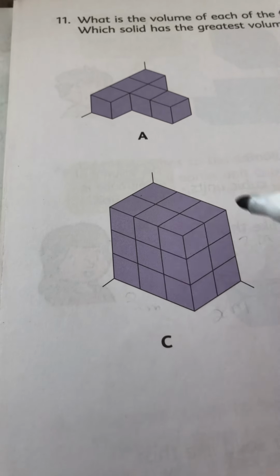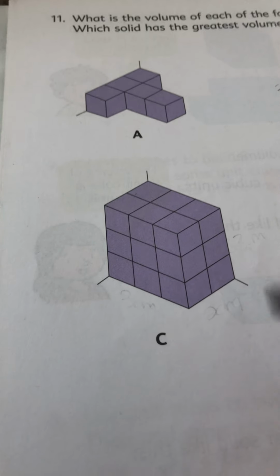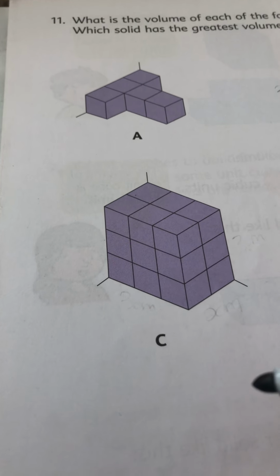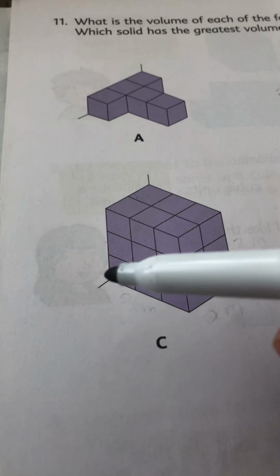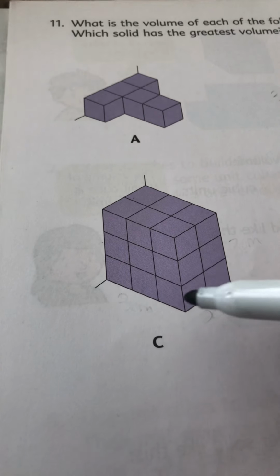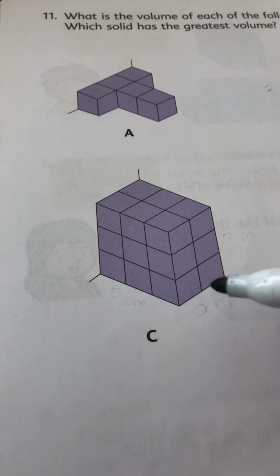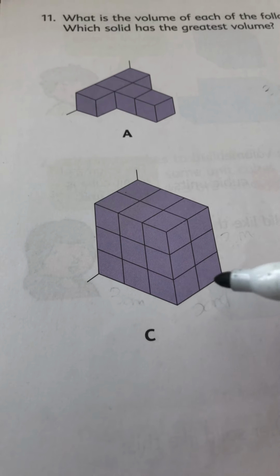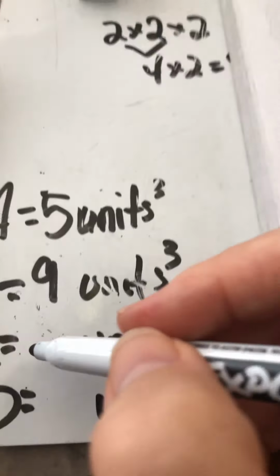So I have 6 blocks on the top. I know I have 3 layers of those 6 blocks. So 6 times the 3 is 18. Let's do our mathematical equation. 3 times 2, my length times my width, is 6. And then my layers, or my height, is 3. 6 times 3 is 18.